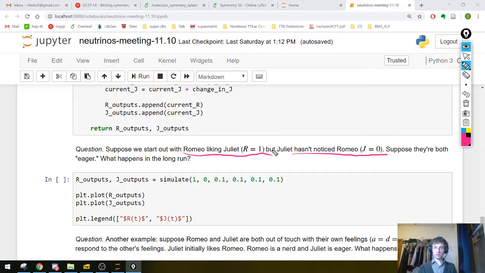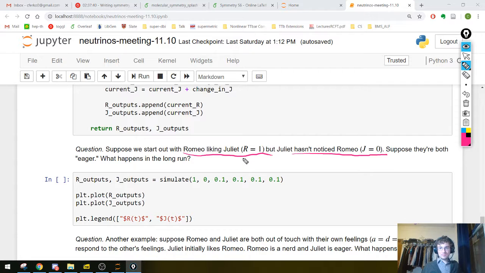So if we start with R positive and J 0, and they're both eager, I'll ask you to describe what happens in the long run. What's the outcome of this relationship? Infinity. What do you say? I said infinite likeness. They infinitely like each other. Yeah, basically. How does that happen? So take me through step by step how we get to infinite love.